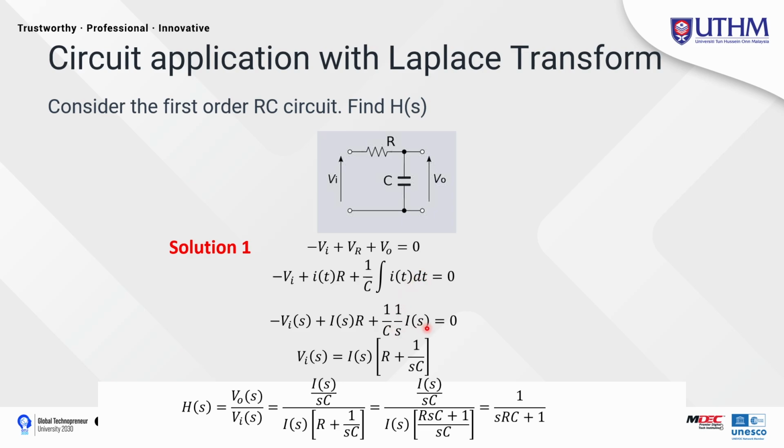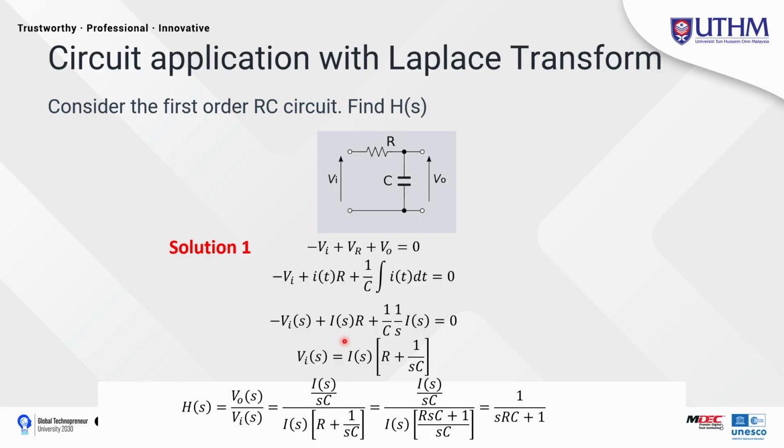Okay, so now we have the Vi, we have the I(s). So we can factor out the I(s), and then we move the Vi to the right hand side. Okay, so we have the Vin(s) equal to I(s). So we factor out the I(s), we obtain the R plus 1 over sC. Okay, so we obtain the Vin.